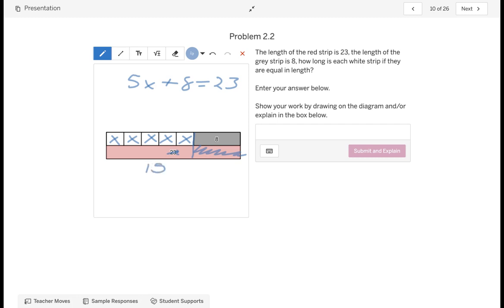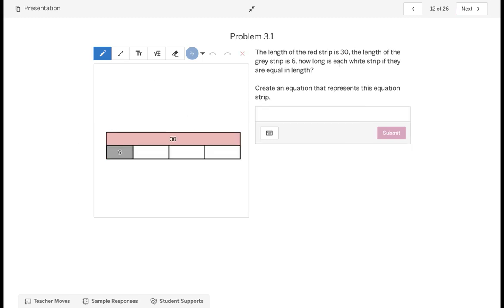It would be 15, because 23 minus 8 is 15. And if I broke this up into 5 equal sections, it's like saying 15 divided by 5, which is 3. So x equals 3.